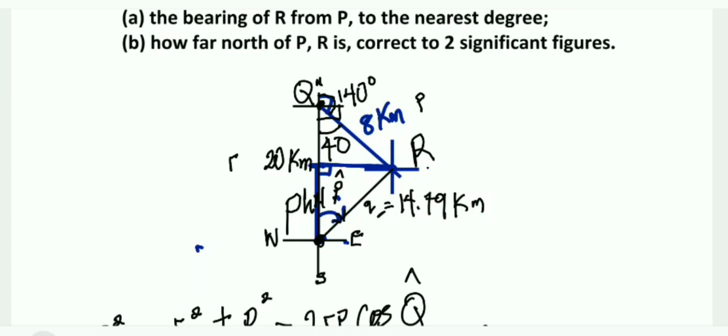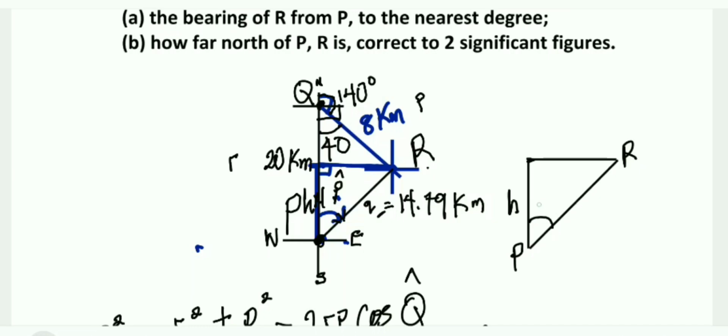If I bring this diagram out, I would have something like this. This is my P, this is north, and this is R. This is the distance we're looking for.